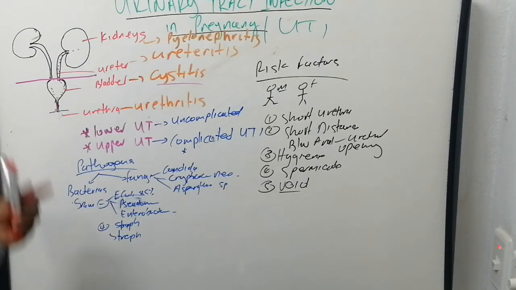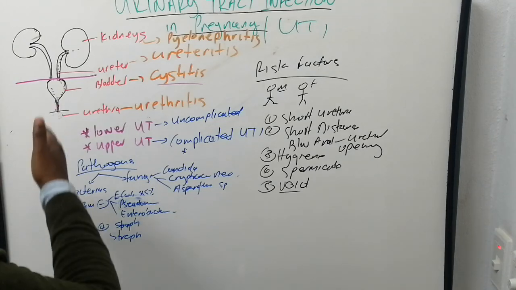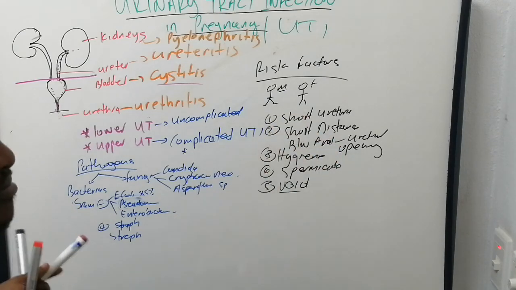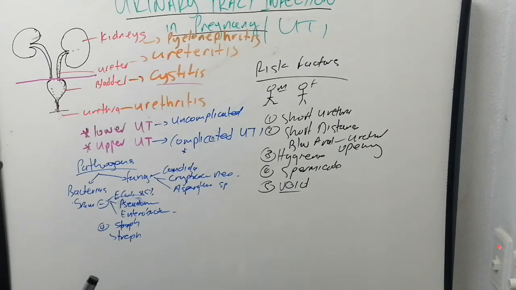So every time you urinate, you're actually washing your urinary tract. If you take longer to void, you put yourself at risk. Imagine if you go 4 or 5 hours without urinating, you put yourself at risk because you already have these other factors against you.